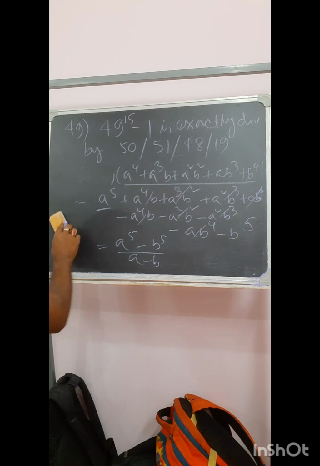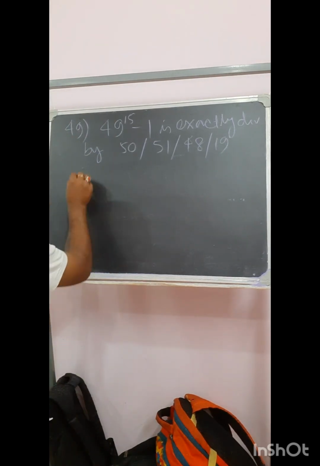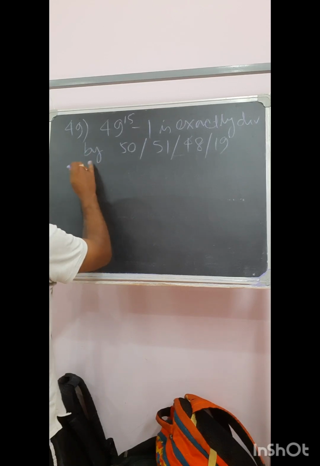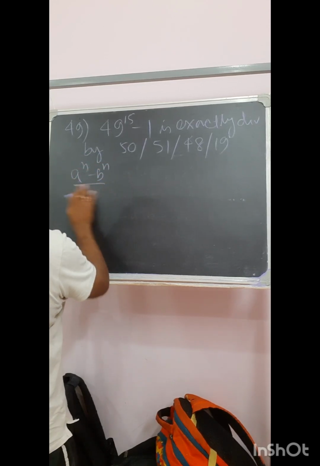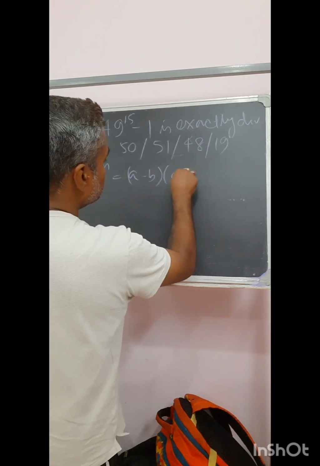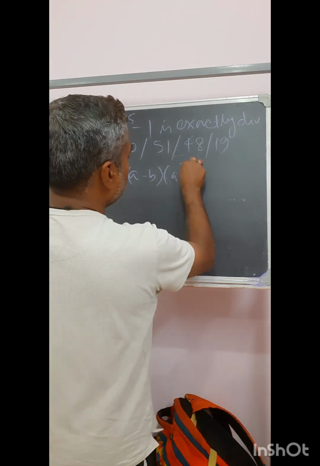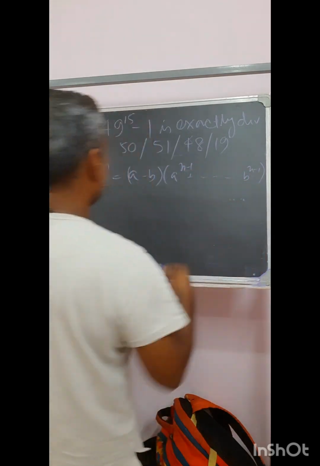So now I can establish the formula I already mentioned: any number a to the power n minus b to the power n, divided by a minus b, is equal to a to the power n minus 1 plus a to the power n minus 2 b plus dot dot dot plus b to the power n minus 1. The remaining terms I have already shown you.